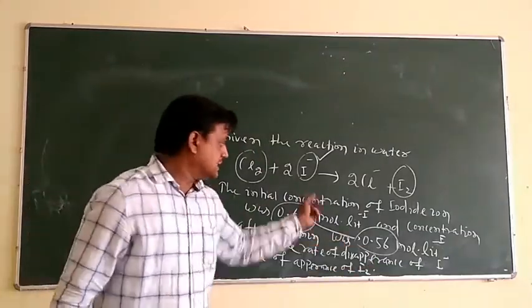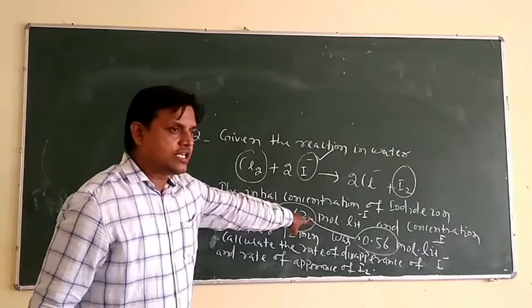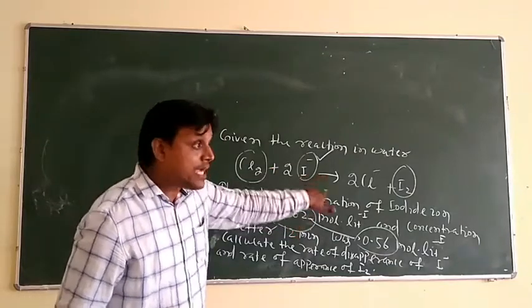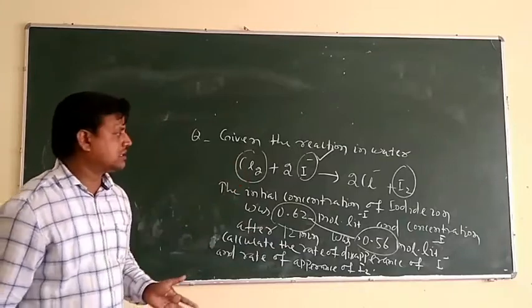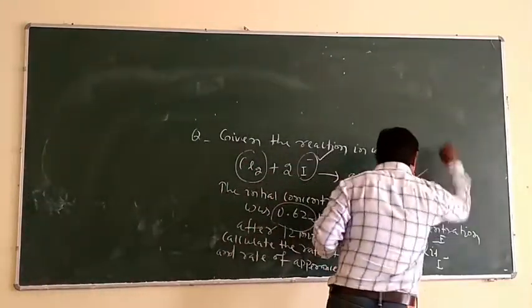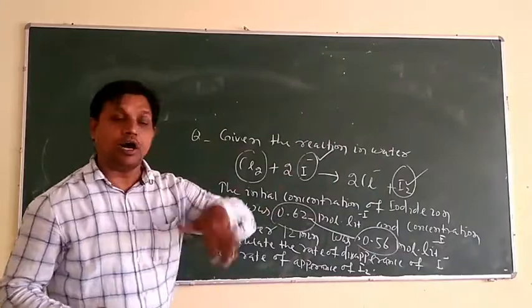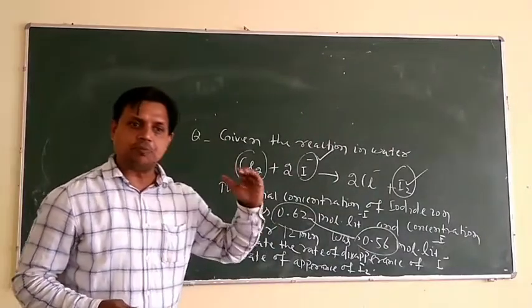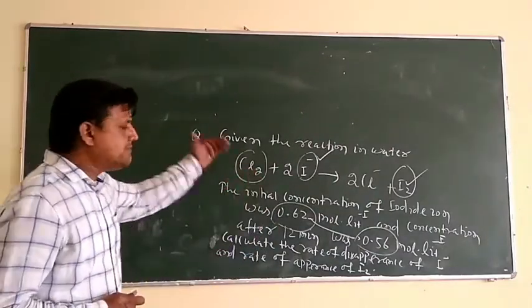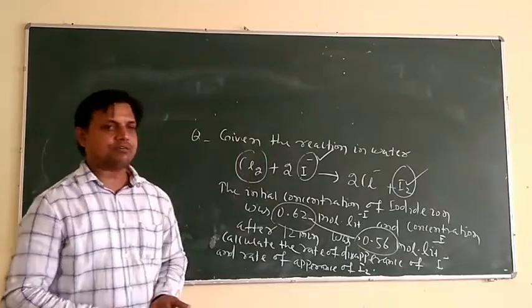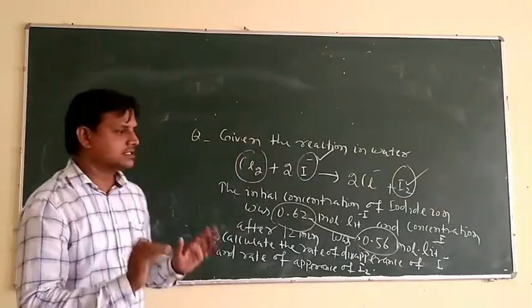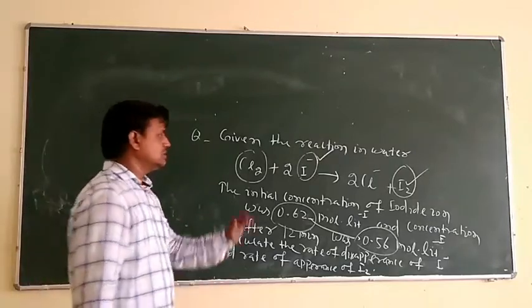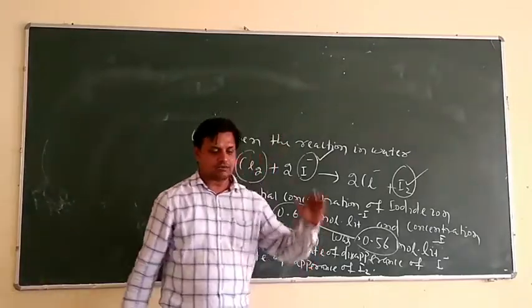The rate of disappearance is written for the reactant I minus ion, and the rate of formation is written for the product I2. So how can we solve this?